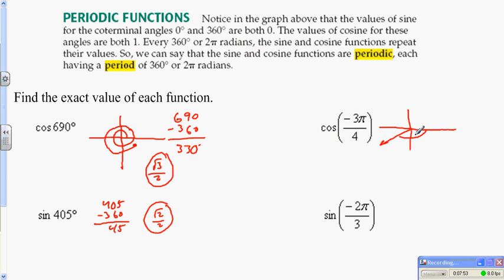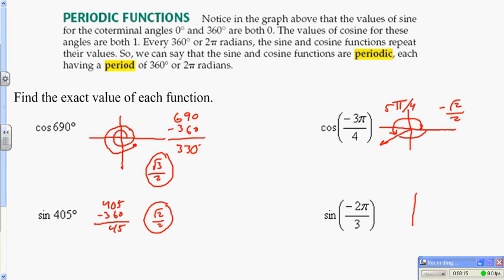So it's a negative rotation, but again on my unit circle, that would refer to 5 pi over 4. If I look at the unit circle, 5 pi over 4 for cosine is negative root 2 over 2.